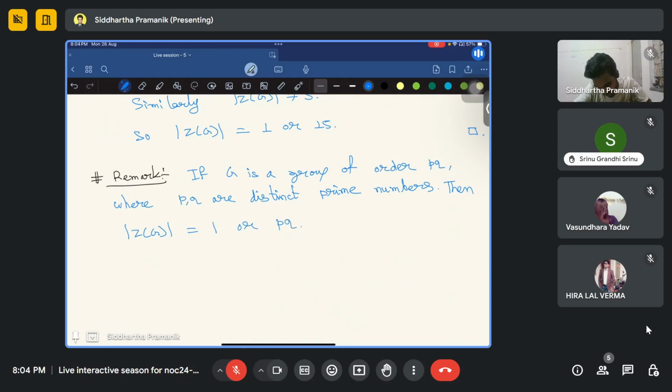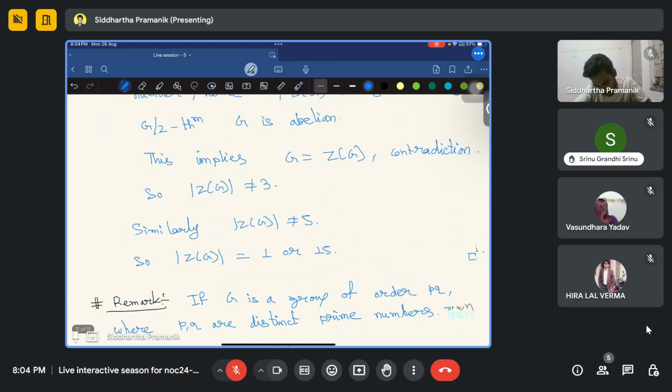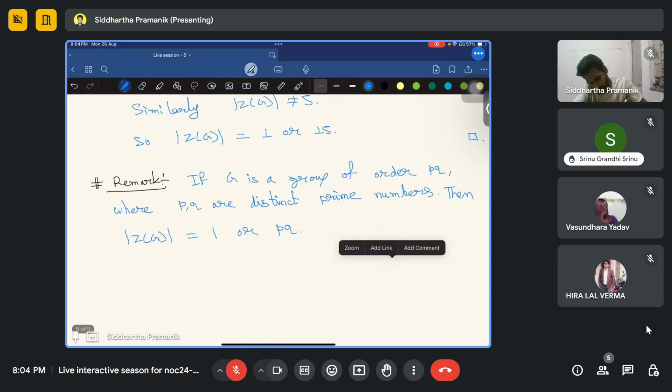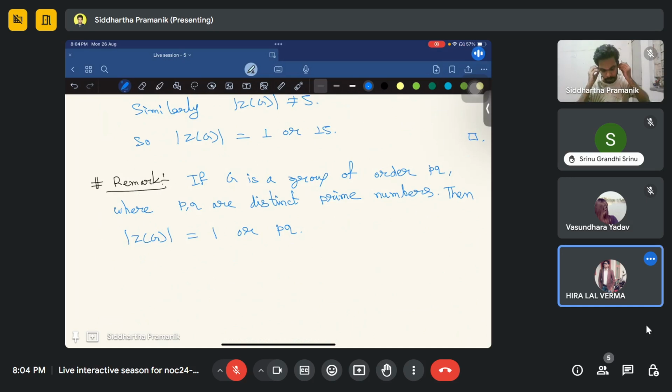The proof is exactly the same. Instead of 3 and 5, you have P and Q. So you can write down the details.